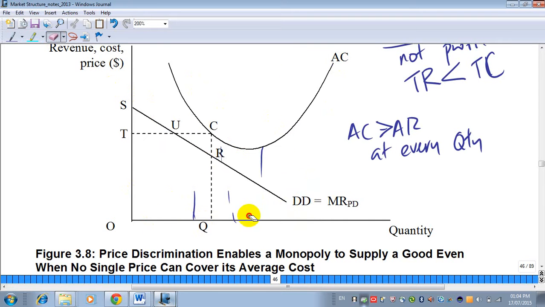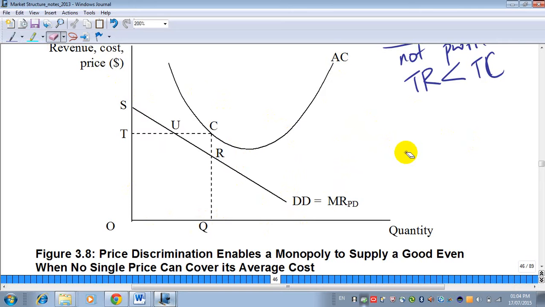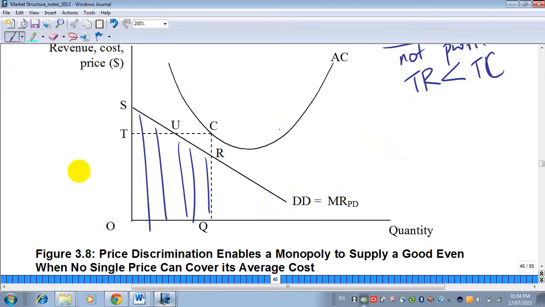But now, let's say there is price discrimination. The total revenue earned under price discrimination would be this. This is the TR under price discrimination, because all consumer surplus has been extracted.